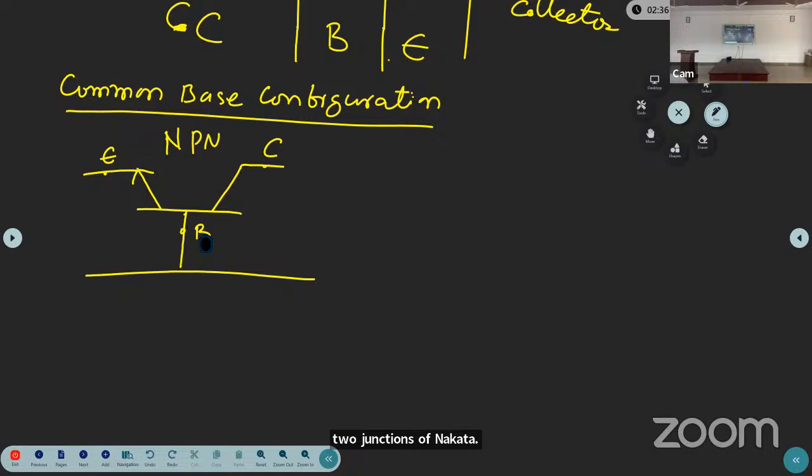Emitter base junction is the input and collector base junction is the output. Now, shall I draw the diode equivalent circuit for this? For the diode equivalent, I already drew it on the first slide, that is this NPN.